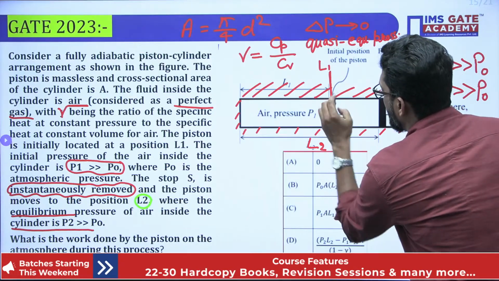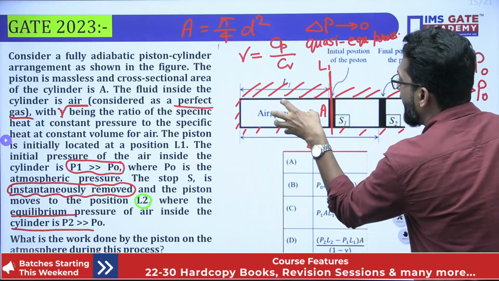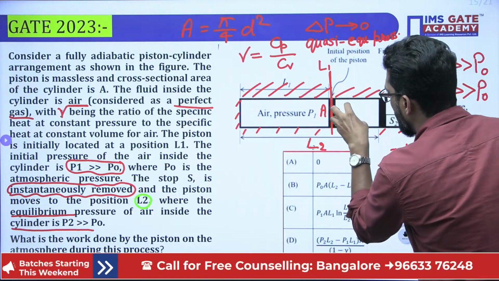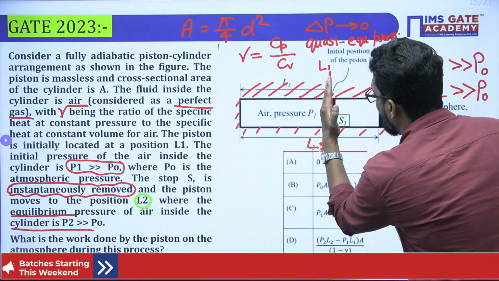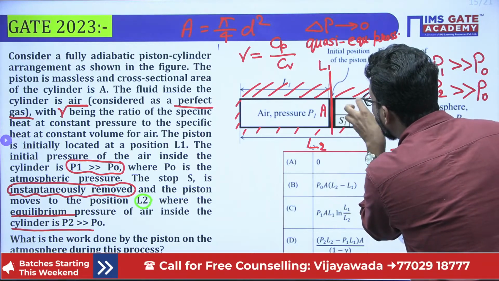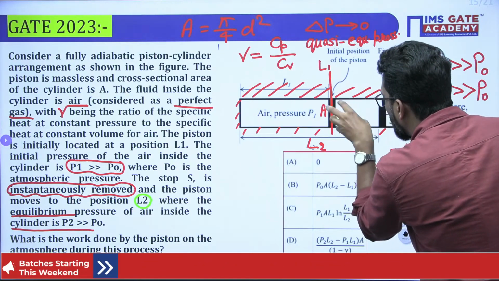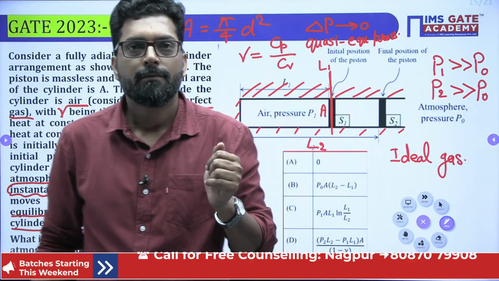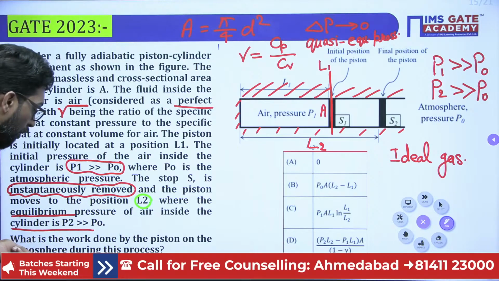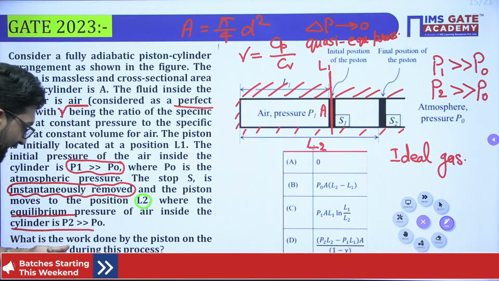So when the stopper is removed, this is a very high pressure as compared to the atmosphere. The piston will move, and during the movement of the piston, the atmospheric air will be displaced.